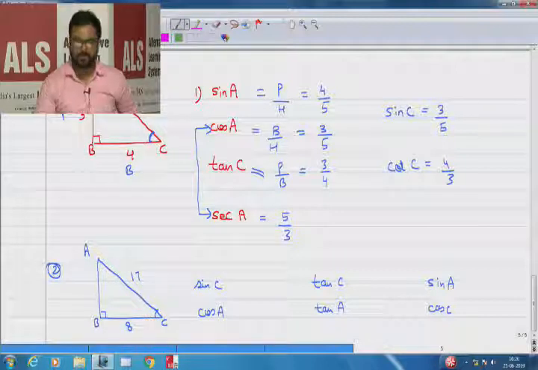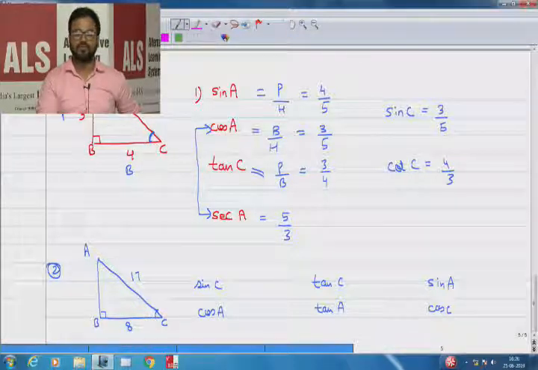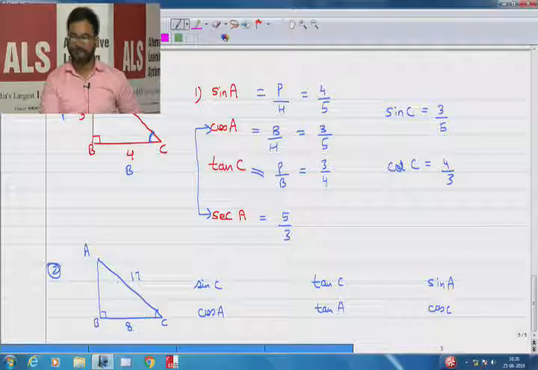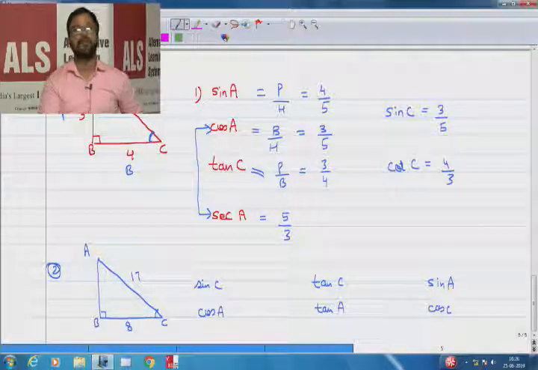Okay, now I am doing the question. First of all, you know that one of the sides is missing. So you know that this is the hypotenuse, this is one of the sides. According to the Pythagoras theorem, hypotenuse square is equal to perpendicular square plus base square.